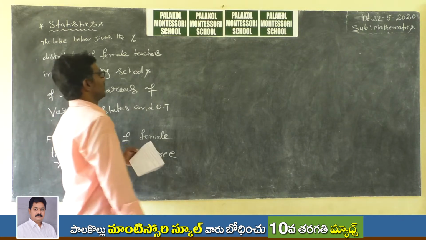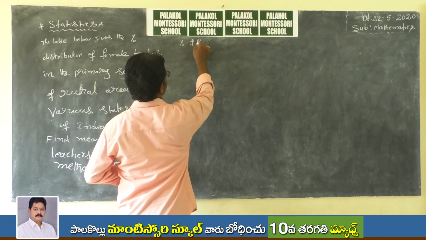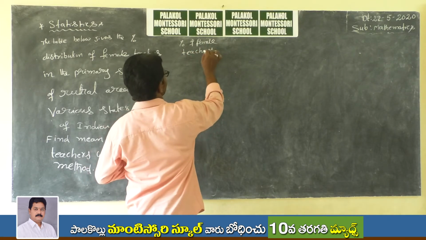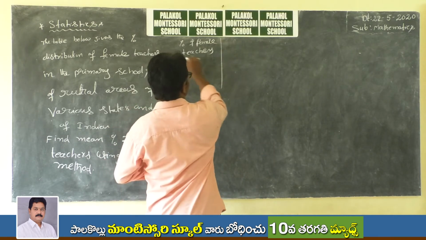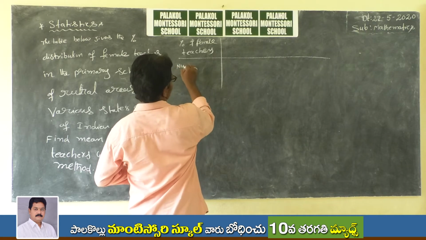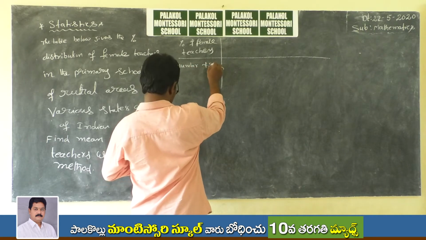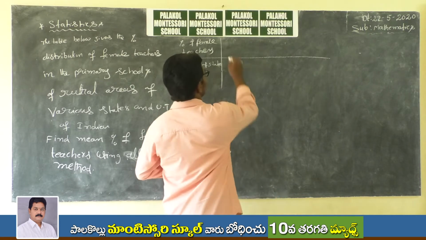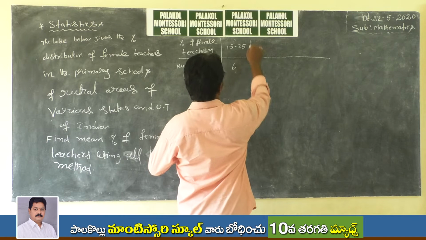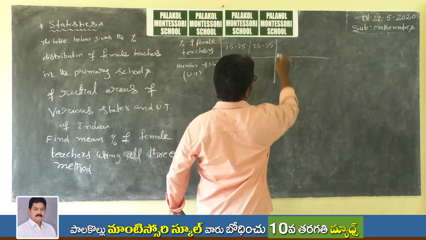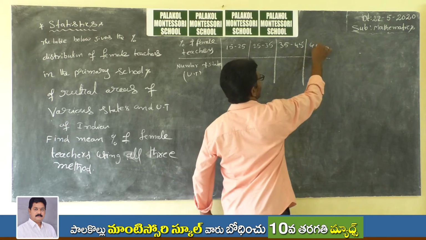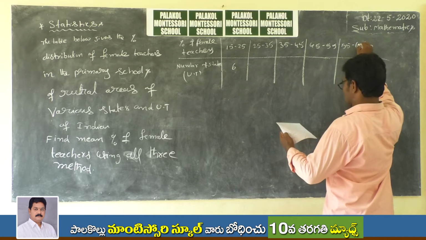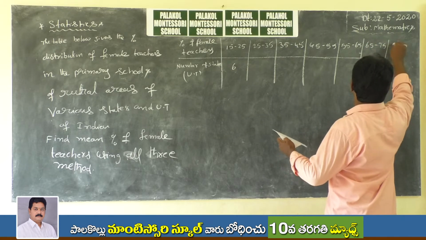Yes, one table is there. Percentage of female teachers and number of states in the United States. 15 to 25, 25 to 35, 35 to 45, 45 to 55, 55 to 65, 65 to 75, 75 to 85.